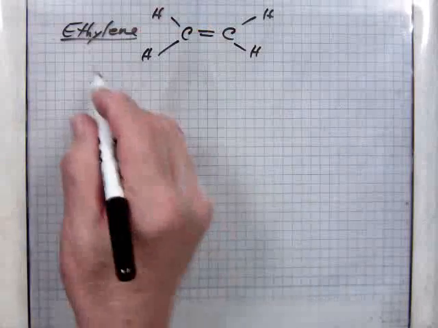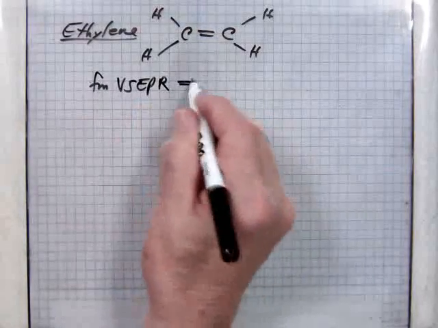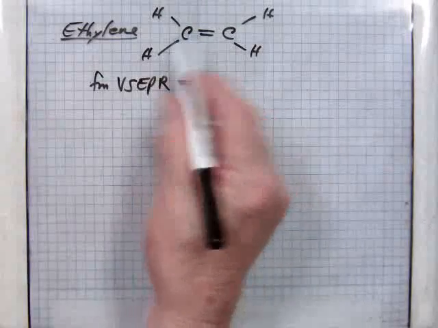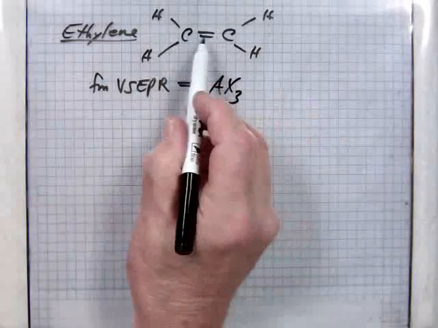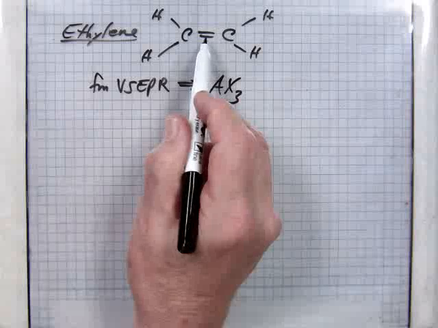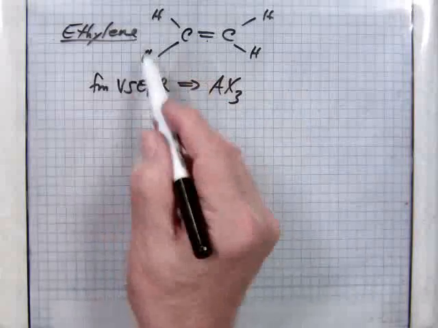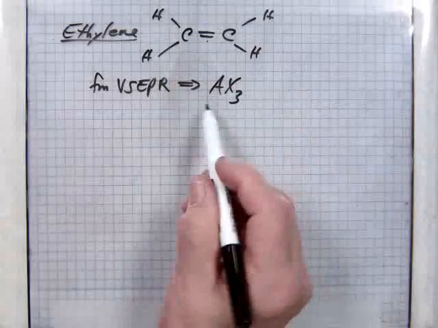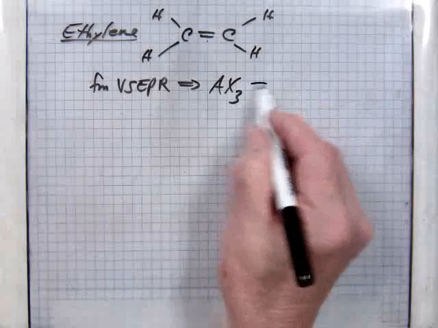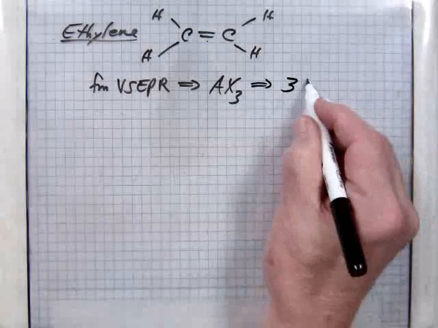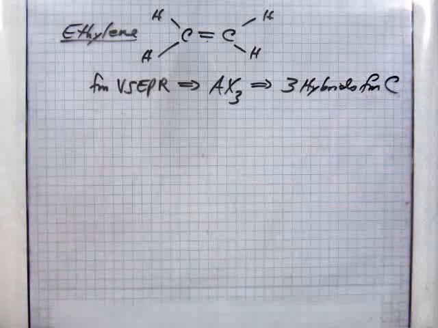Well, you recall from the VSEPR, the structure at each carbon in this case is an AX3, because remember, we assume that a multiple bond is a single bond for the attachments, and there are three attachments in there. So when I have an AX3, or three substrates, that means I have to have three hybrids from carbon.